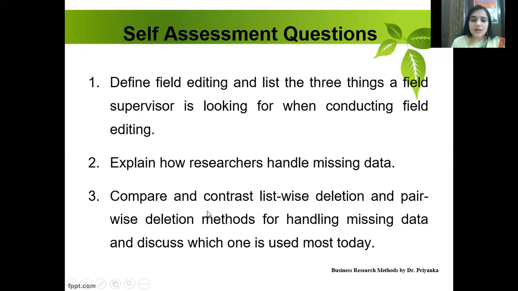Last is compare and contrast list-wise deletion and pair-wise deletion methods for handling missing data and discuss which one is used most today. List-wise deletion is a method in which the entire record for a respondent that has left a response missing is excluded from use in statistical analysis. When it comes to pair-wise deletion, it is a method in which only the actual variables for a respondent that do not contain information are eliminated from the use in statistical analysis, and it is most used these days.